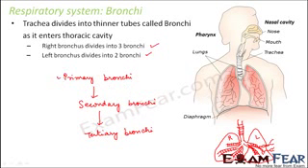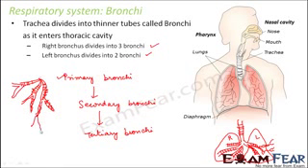So that means here the primary bronchi, as I showed in this picture, let us suppose this is your primary bronchi. I'm just trying to explain what it is. This primary bronchi will further divide into secondary bronchi, something like this. And these secondary bronchi will further divide into tertiary bronchi.